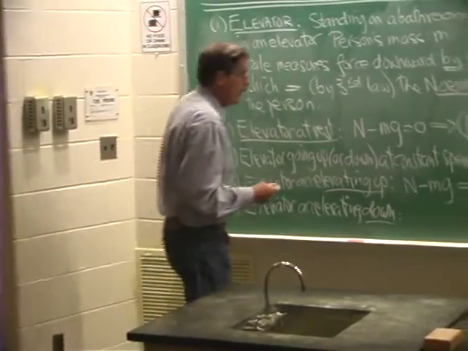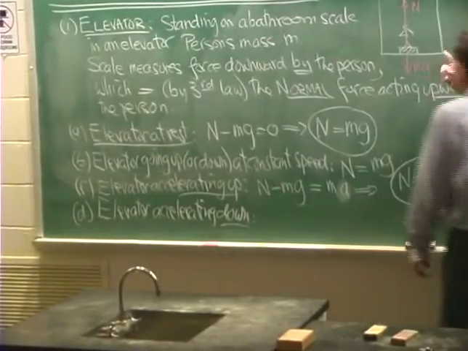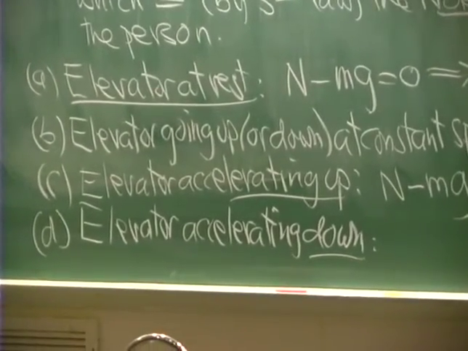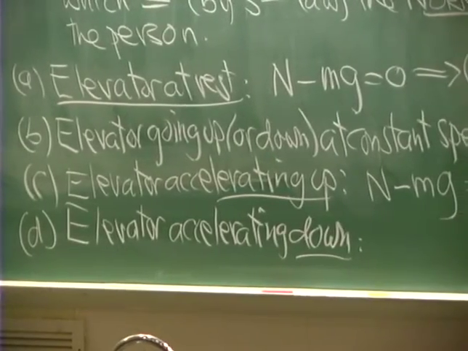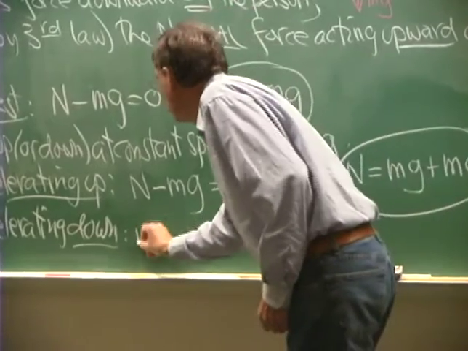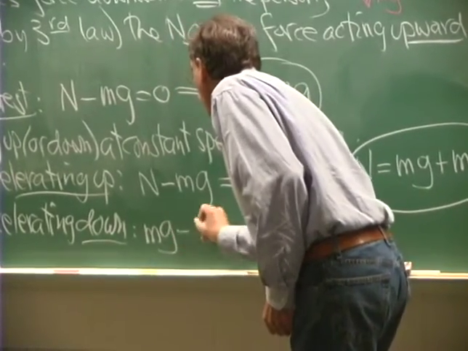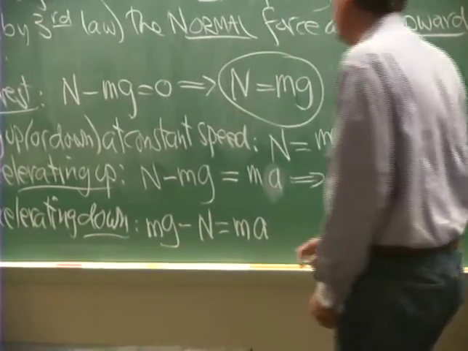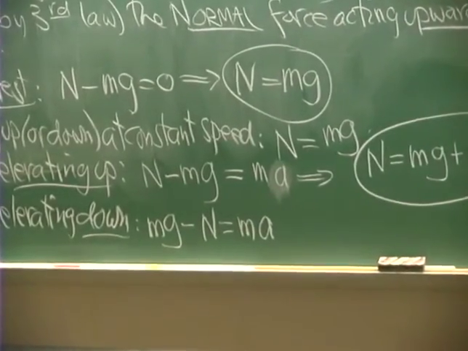I don't care. In either case, how should we work it out now? Now there's a net acceleration in the downward direction. I'm inclined to write the forces all in the downward direction now. mg minus N is equal to the mass of this guy times his acceleration in the downward direction.